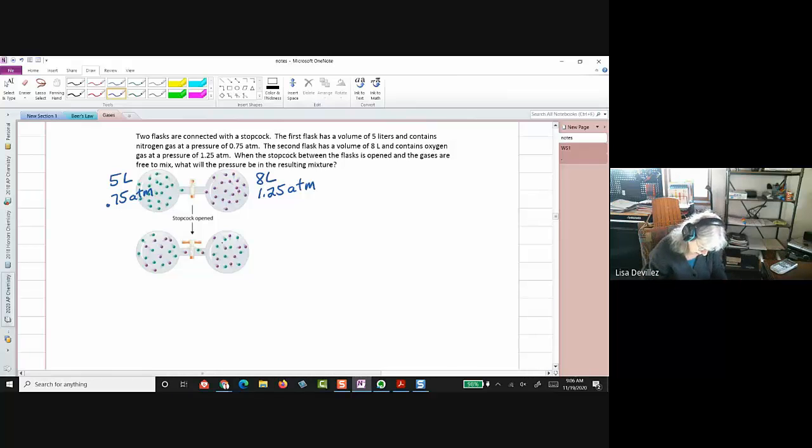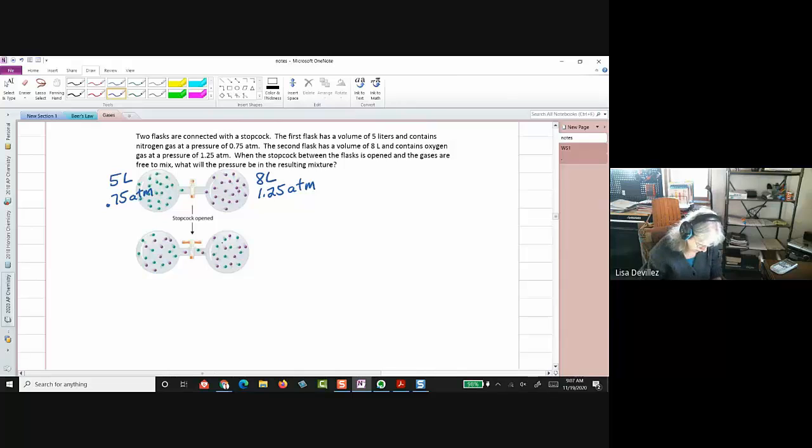The key thing here is that, with gases, as far as using the gas laws, it doesn't matter that it's nitrogen and oxygen mixing. A gas particle is a gas particle.